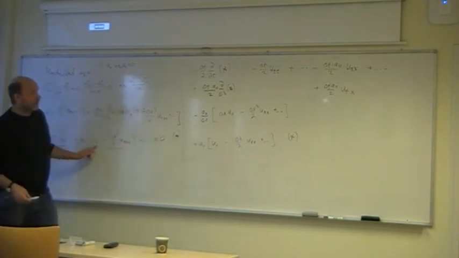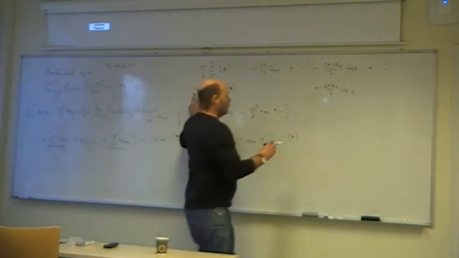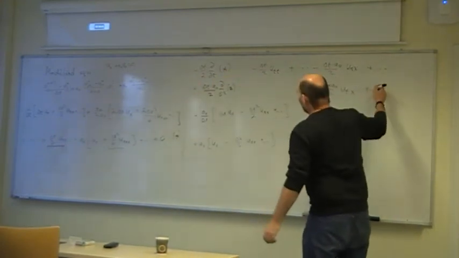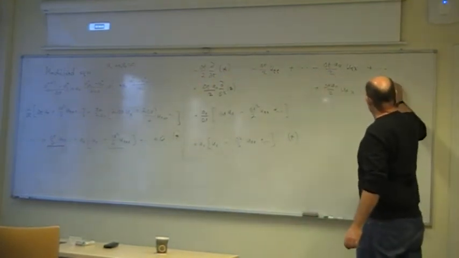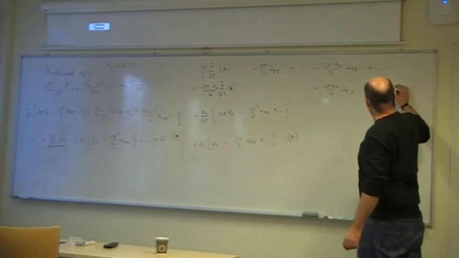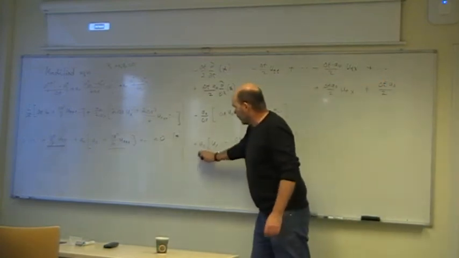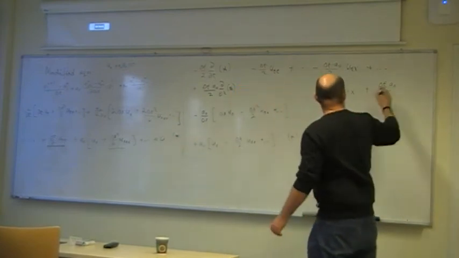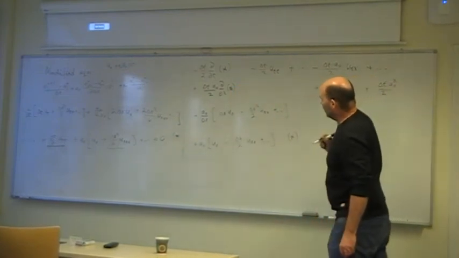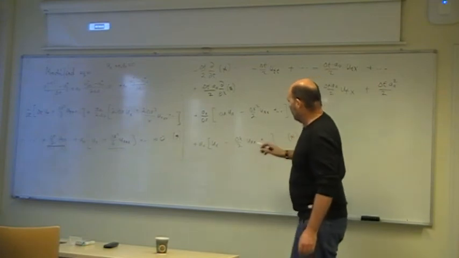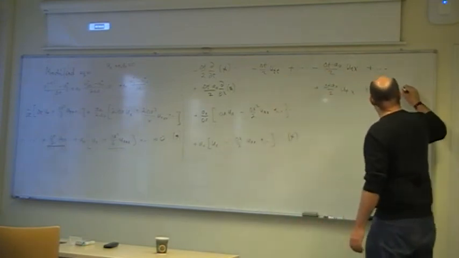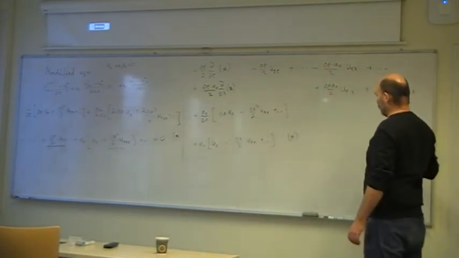What will it look like? Well, it will be plus delta t, a0 half multiplied with a0, and that goes for both of them. So here it is squared, and then u x x.